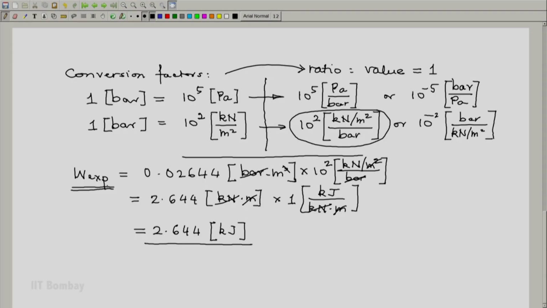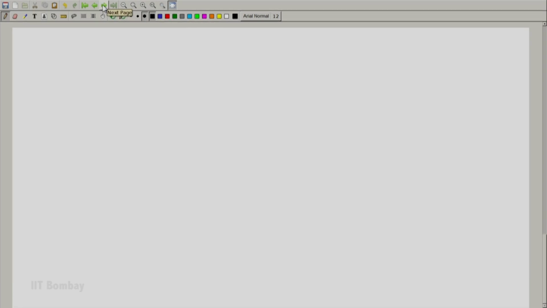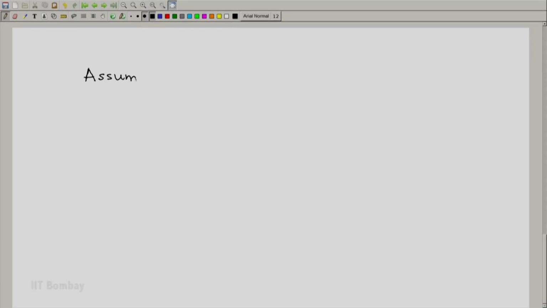Now, is the exercise over? No, because all that we have done is determine W expansion. What we have to do is determine the work done by the system, which is the gas. Now, here what we say is we assume, because there is no other hint, that the net work done, or the total work done, is the expansion work.